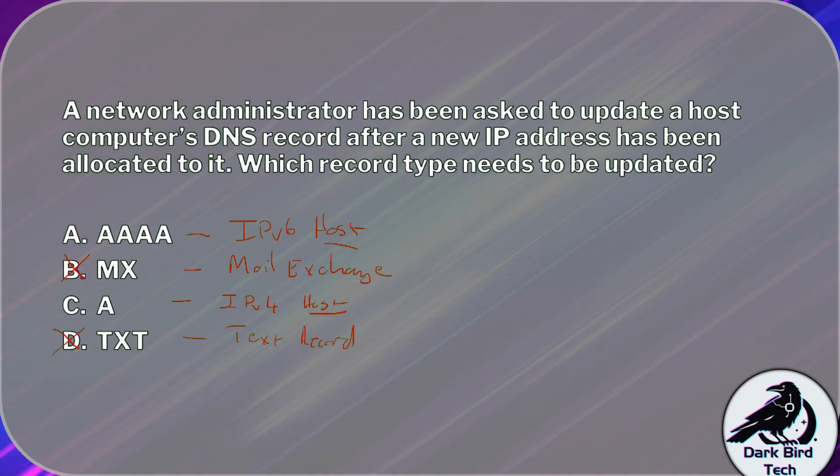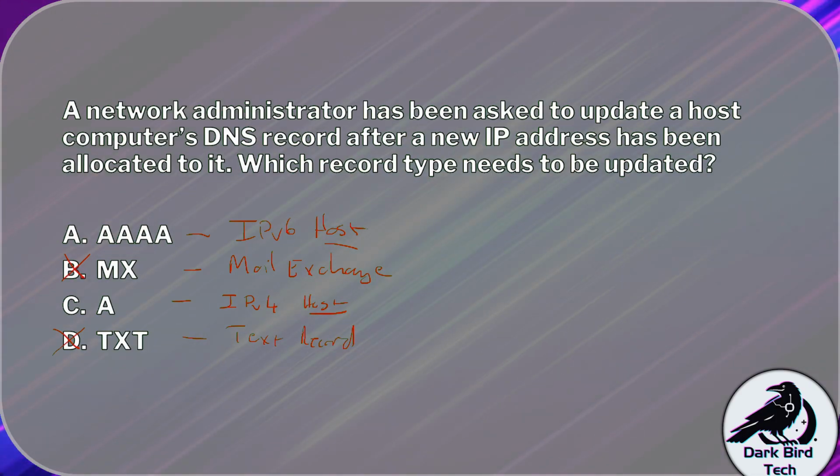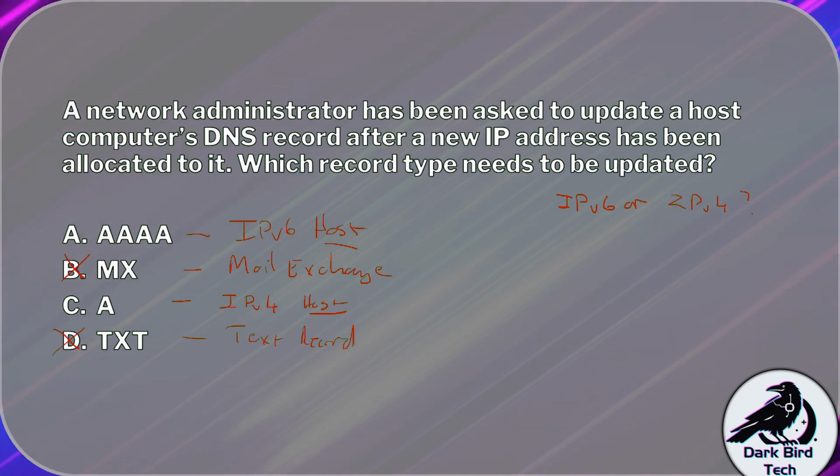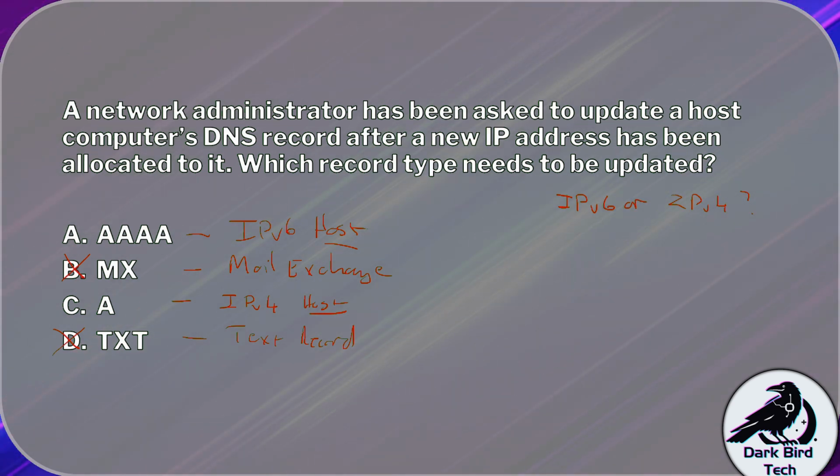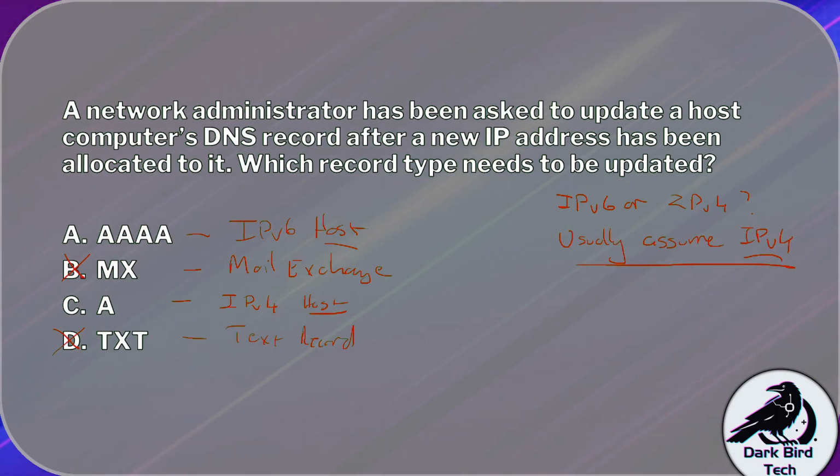Now, here's the trick though. Are they talking about IPv6 or IPv4? Because they don't specify it in the question. So that means that both A and C as an answer are equally viable. But here's the trick. We usually assume IPv4 if they don't specify the version of IP. At least at the moment.